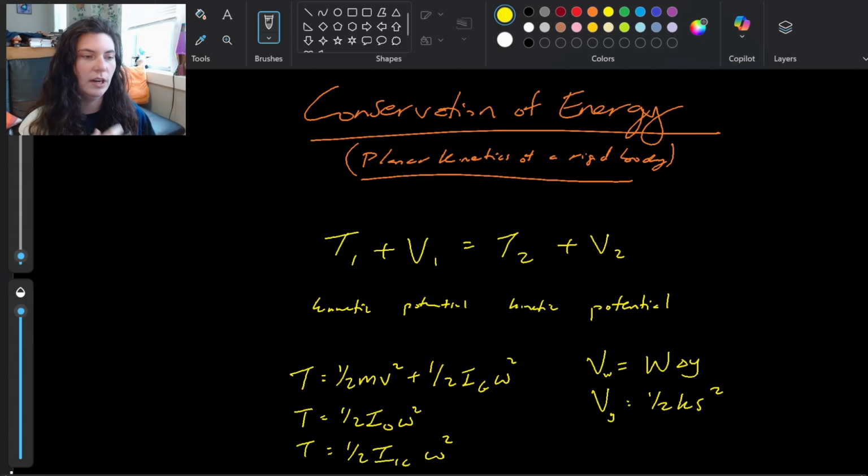There are others, you could have thermal or other forces, but if there are only conservative forces acting on a system, so that's your weight and your springs, or forces that don't do any work whatsoever, like a normal force, then you can use conservation of energy, and it can save us a few steps here. So we're going to take a look at a couple of examples today of how to apply this conservation of energy specifically for rigid body scenarios.